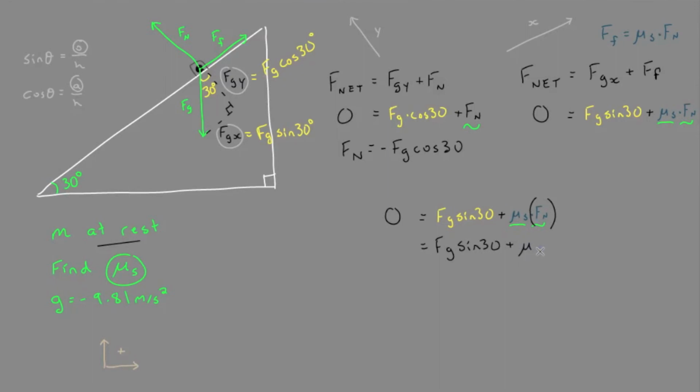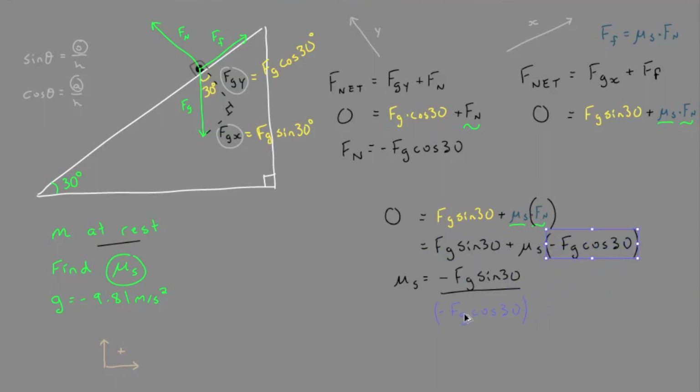So we have our mu s times the normal force. We're substituting it in, make sure we multiply. And now we can isolate for mu s. So let's do that. Rearrange. Move this to the other side so it becomes negative. And cross divide by this.